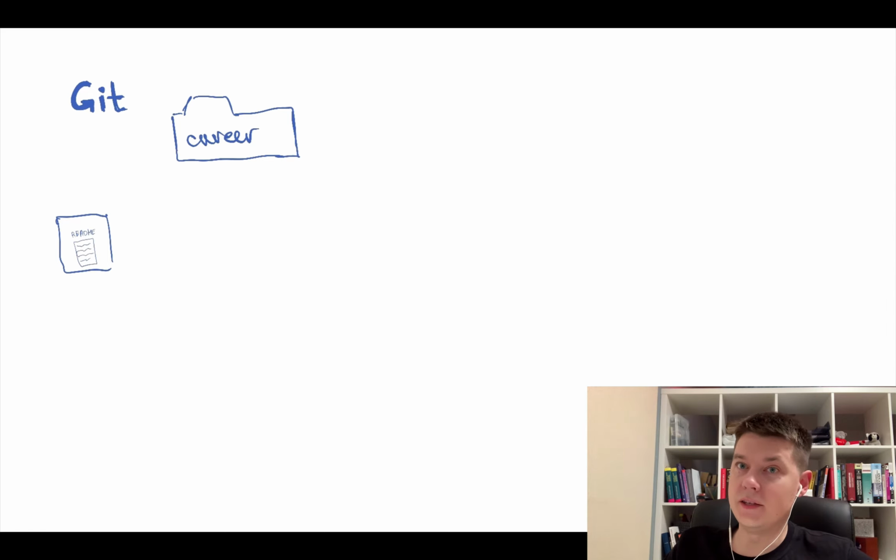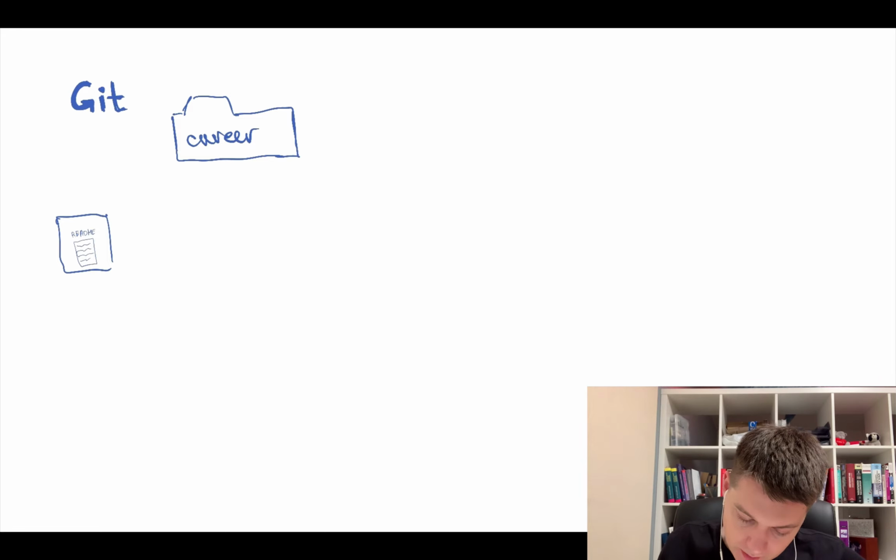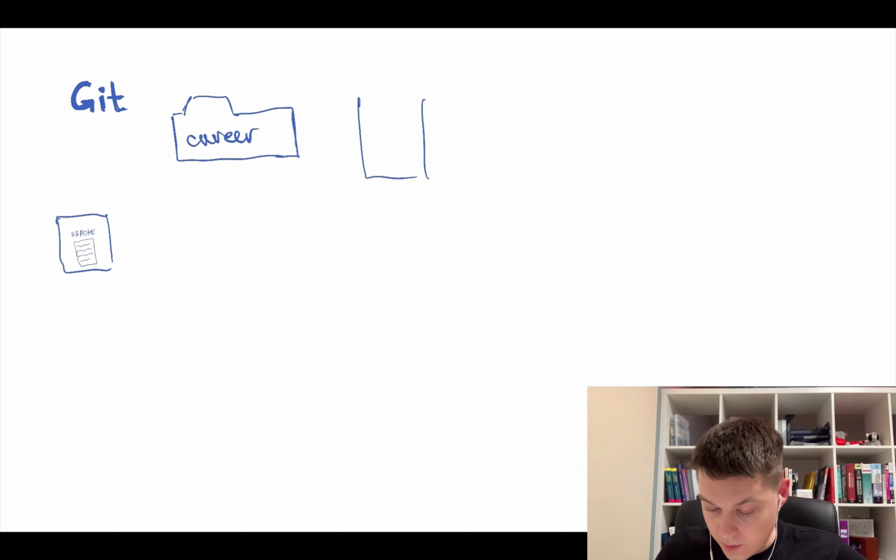At our very first commit, I would describe maybe a draft of career repository, right? Because we just created a draft. Okay, we already have our README file in the repository, right?